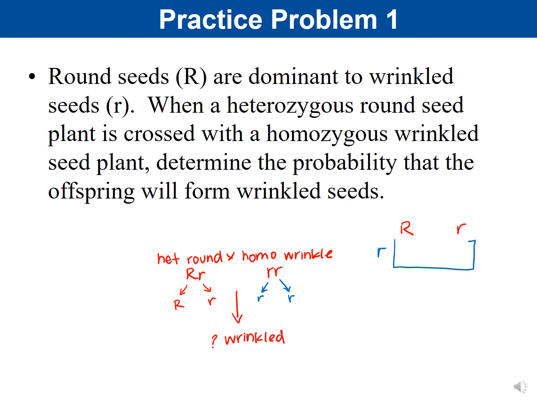So technically speaking, I only have to write it once, because if I fill in my Punnett square, big R, little r, little r, little r. Notice that the probability of being wrinkled, the wrinkled is recessive, is 1/2. If I were to take the time to write that second little r, big R, little r, little r, little r, I get 2/4, which is equal to 1/2.